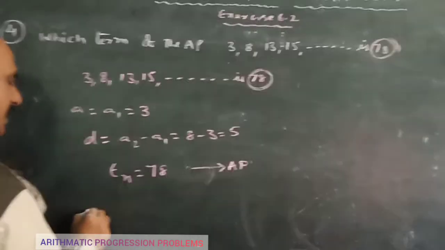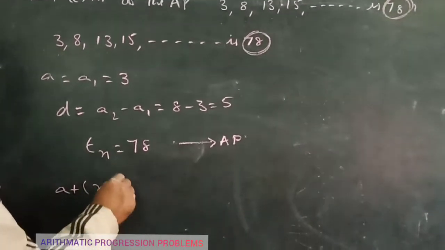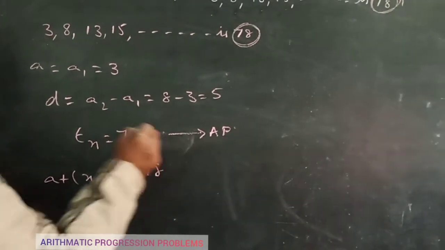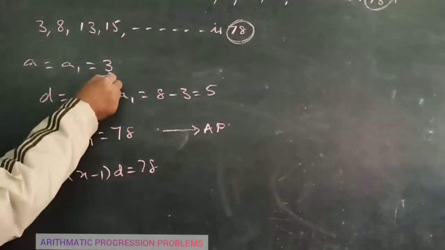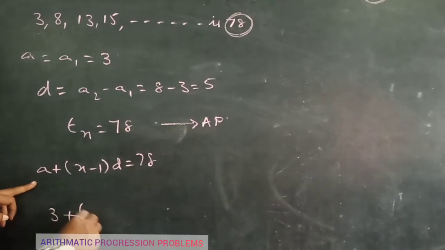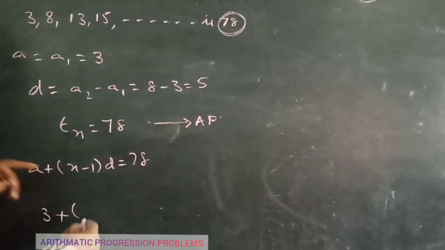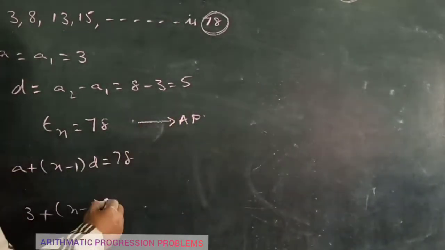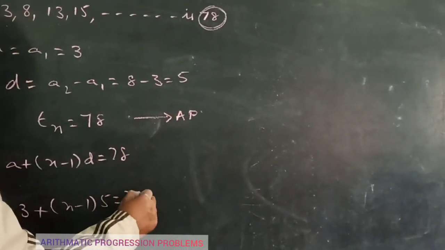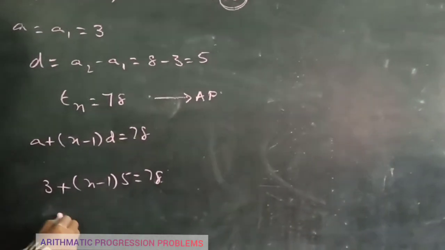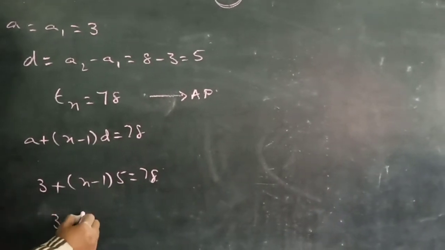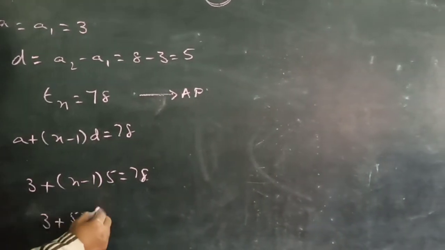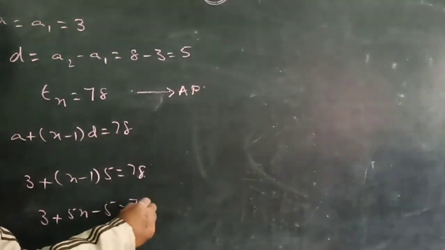The nth term formula: a plus (n minus 1) into d is equal to 78. Now, a is equal to 3, so 3 plus (n minus 1) into 5 is equal to 78. n is unknown. So 3 plus 5n minus 5 is equal to 78.